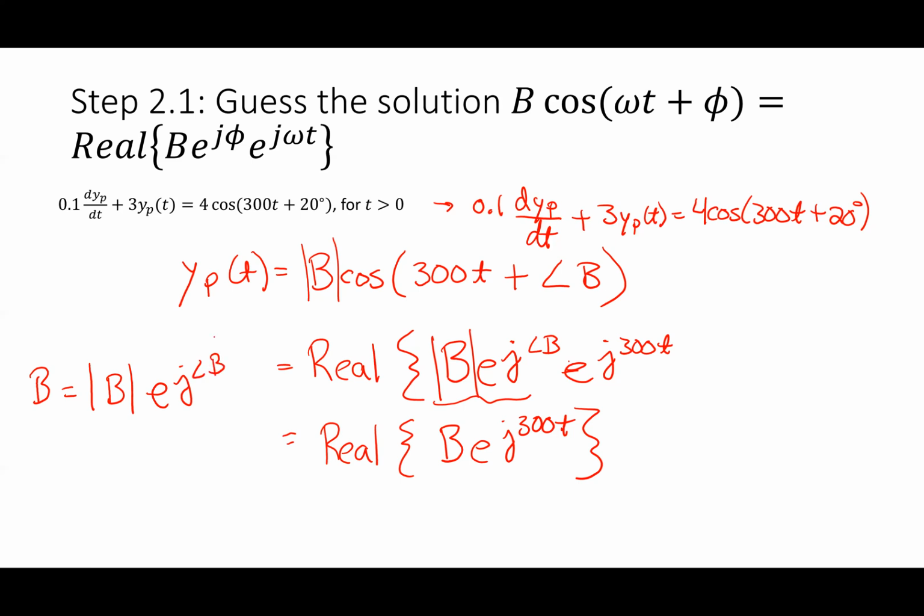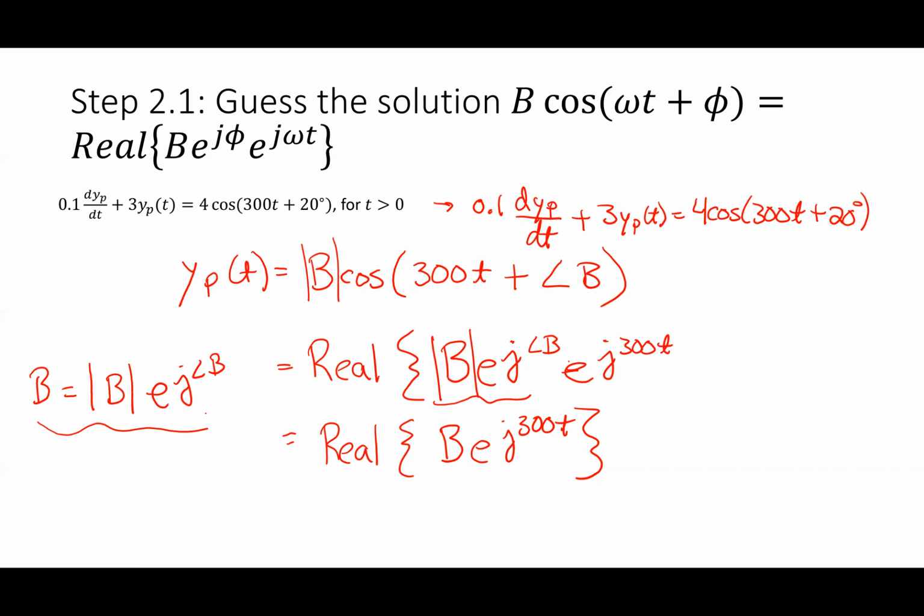So now it looks like I only have one unknown, because I have a complex number. I put those two unknowns together into one package. The magnitude in front is going to be a positive number.